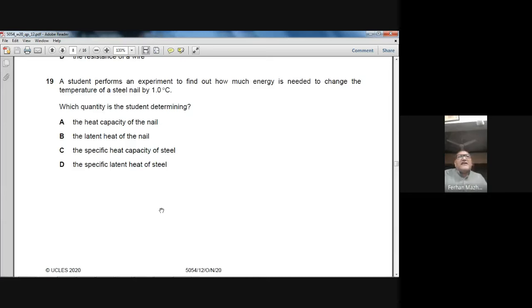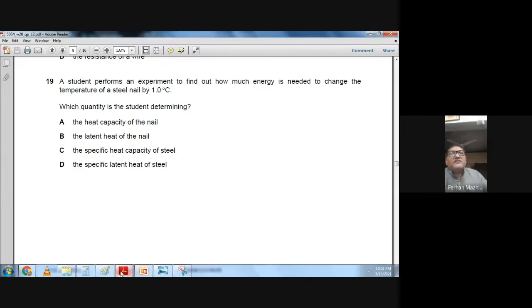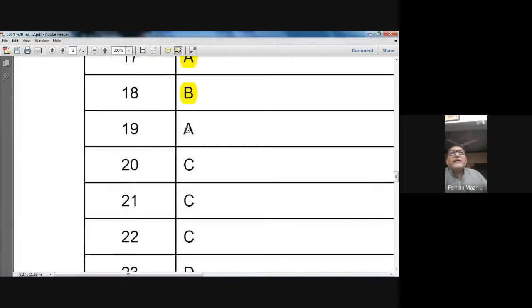So this is the heat capacity of the nail. So A looks the right option. Yes, the marking scheme says A.